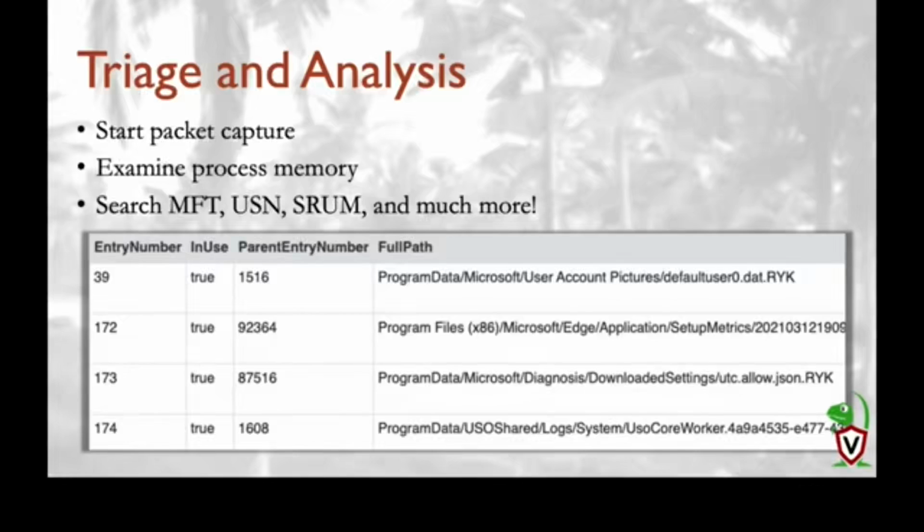Maybe it got overwritten in the MFT, maybe it's in the USN. Maybe you want to see the usage and activity from SRUM. There's lots of stuff that you can gather here, and we'll go through it in just a minute. It's really just lots of useful data that you can get quickly and easily from these hosts, whether hunting or via a targeted collection.